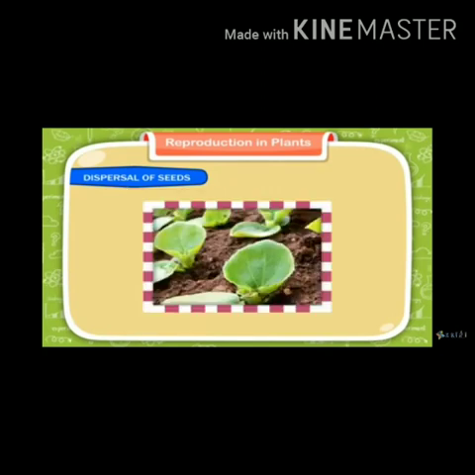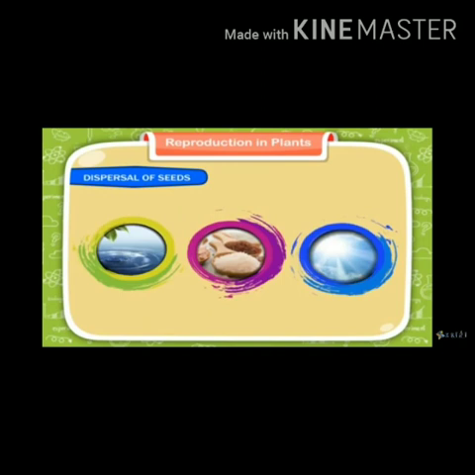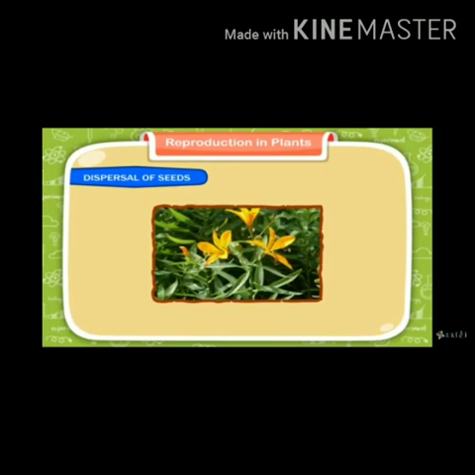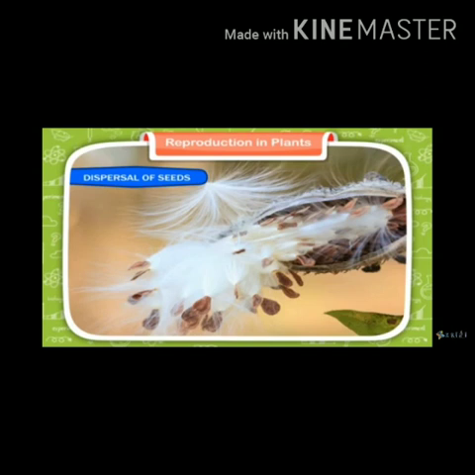Plants need adequate space to grow properly. For proper growth, a plant needs sufficient nutrients, water, sunlight and space. If there is a shortage in any of those, it will affect the proper growth of the plant. That is why seeds need to be scattered away from the parent plant. This process of scattering or spreading of seeds to different places is known as dispersal of seeds.